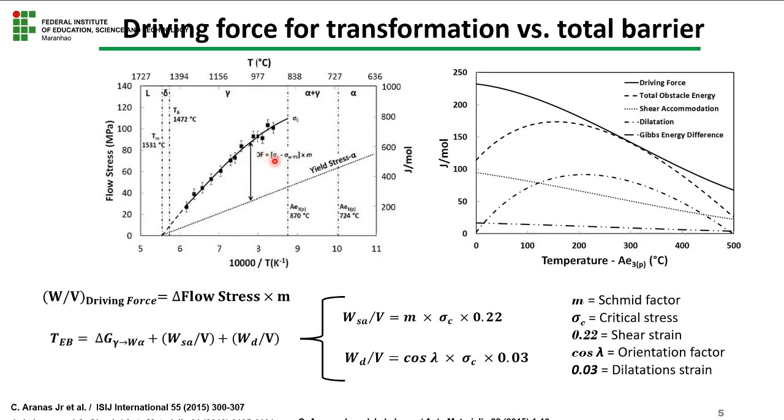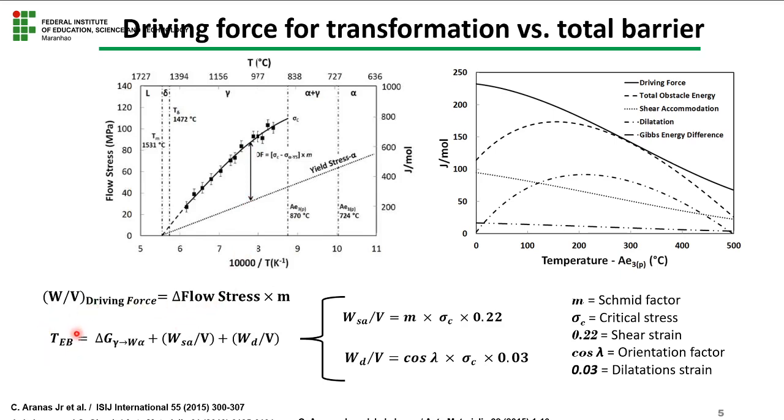The difference between the critical stress for the onset of dynamic transformation, that is, ferrite being transformed from austenite, when multiplied by the M, that is this Schmid factor, for the most favored grains, gives us this amount of driving force.